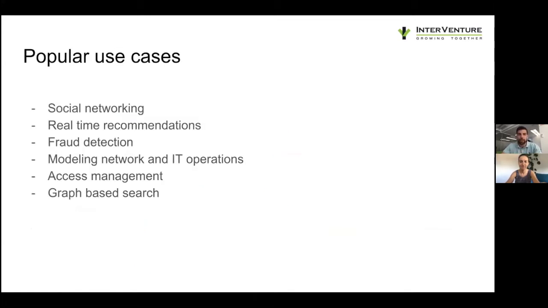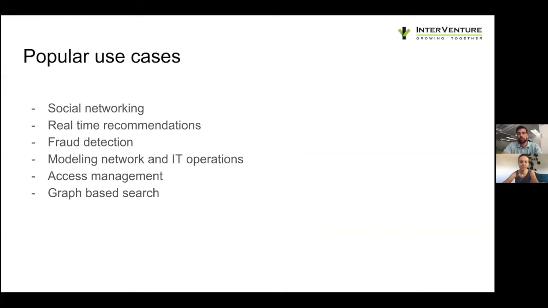When you would like to use a graph database, these are some of the most popular use cases. But as I said, whenever you have a lot of relations, and you're actually working more with the relations than the entities themselves, a graph database is probably a good option for you.